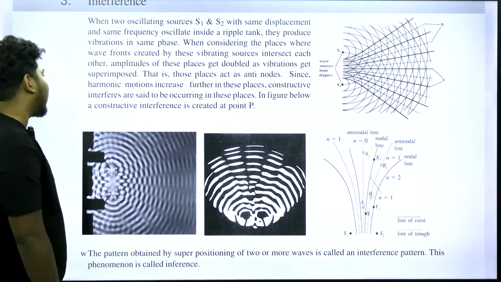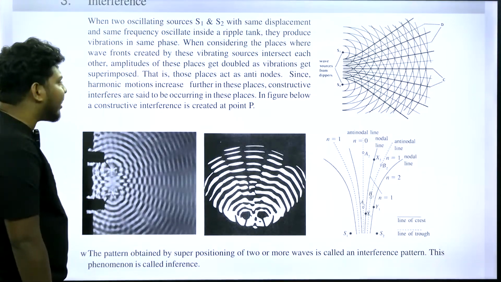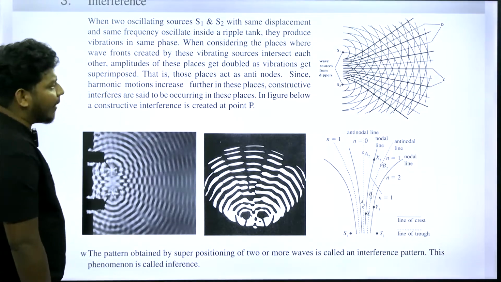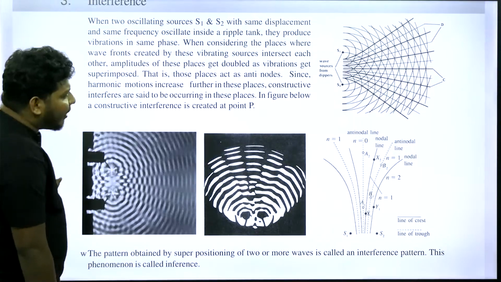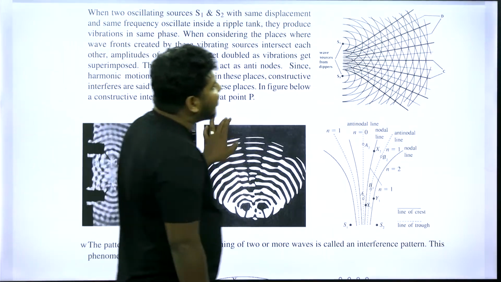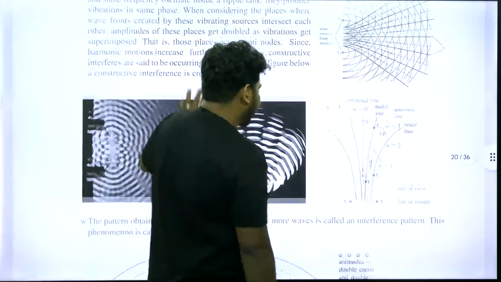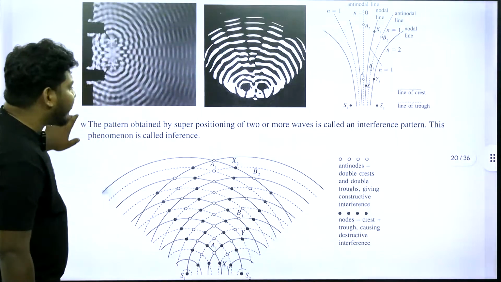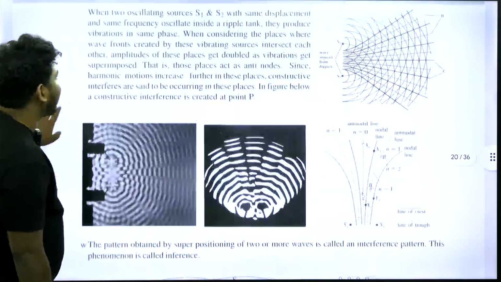In the figure below, a constructive interference is created at point P. At point P, there is a constructive interference.